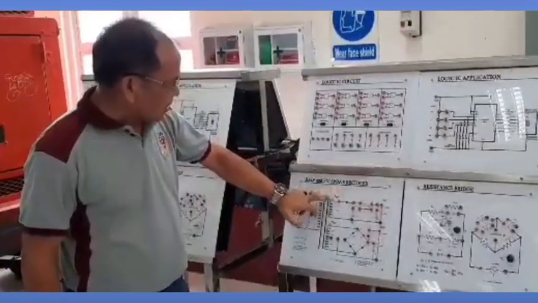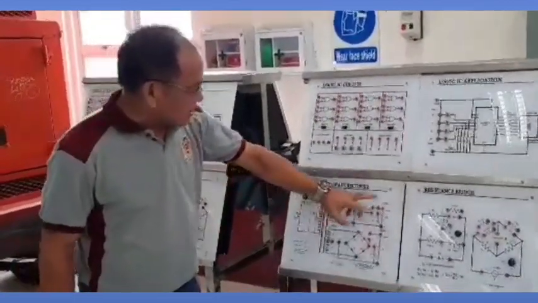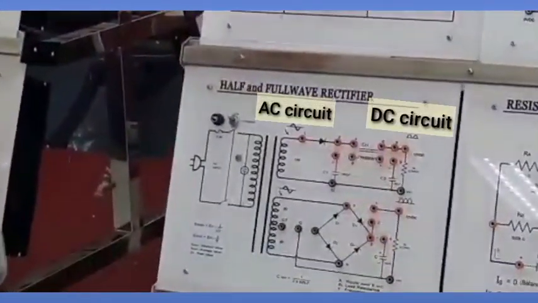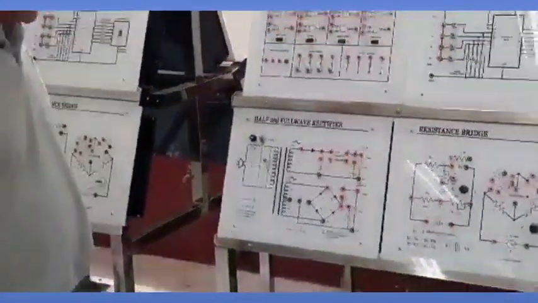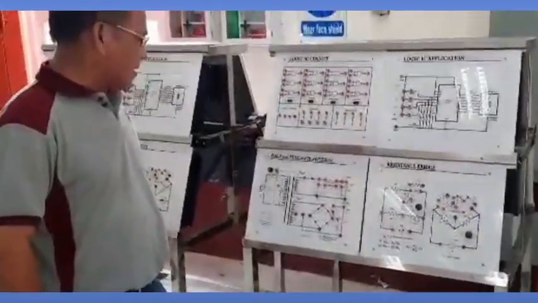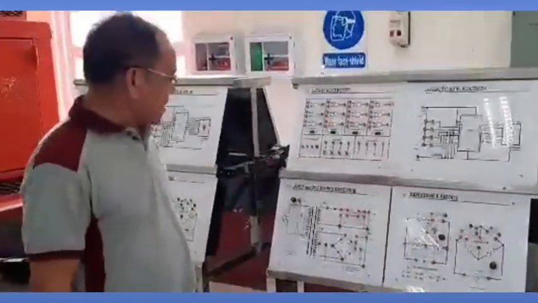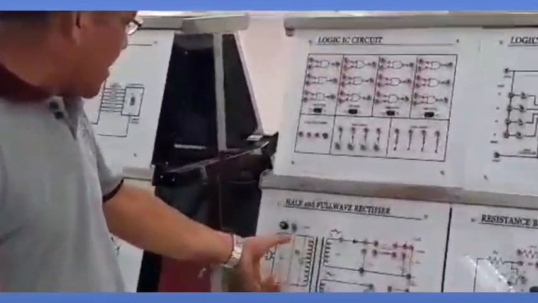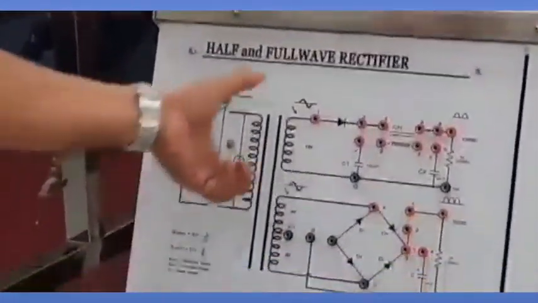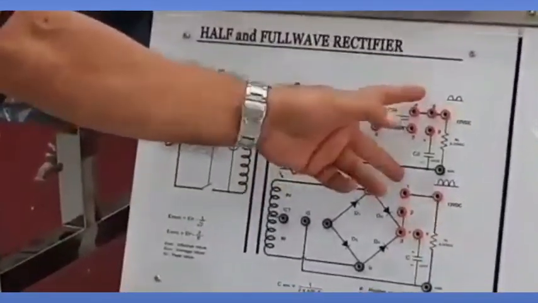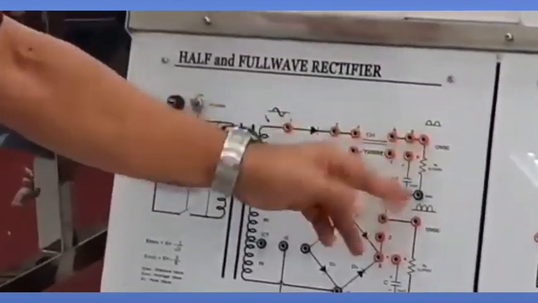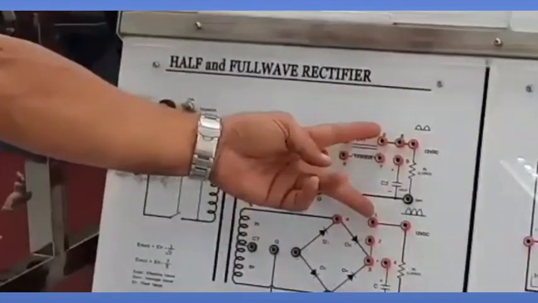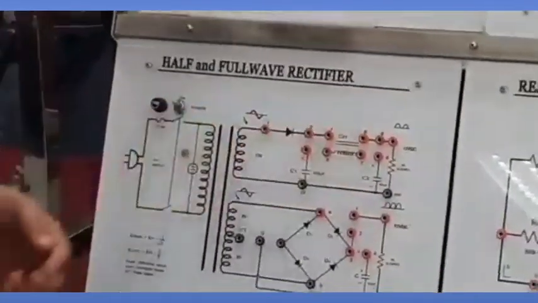This is the symbol for an AC circuit, and this is your DC part. What is important here, class, is that later on you will discover that in this circuit, despite 220 volts AC, we can produce different voltages on the output side of this rectifier circuit.